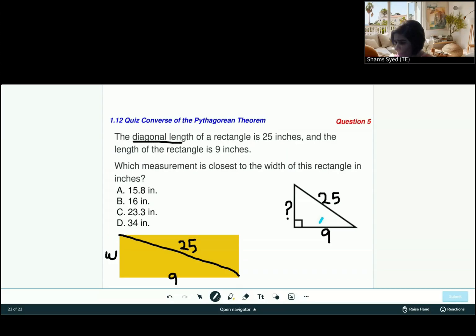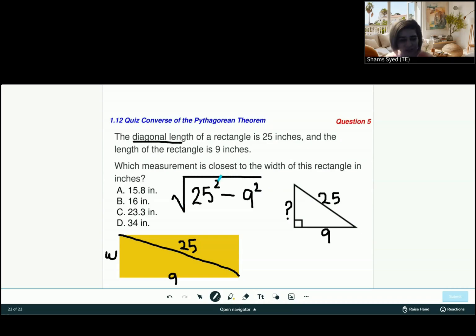One of the shorter sides is missing. Use the converse formula that involves subtraction. Start with your square root symbol. Whenever you're subtracting, write the bigger number first, 25, and square it. As converse means minus the given shorter side, that's 9.